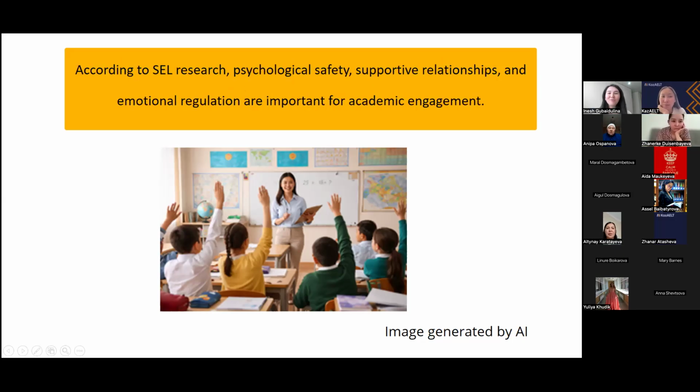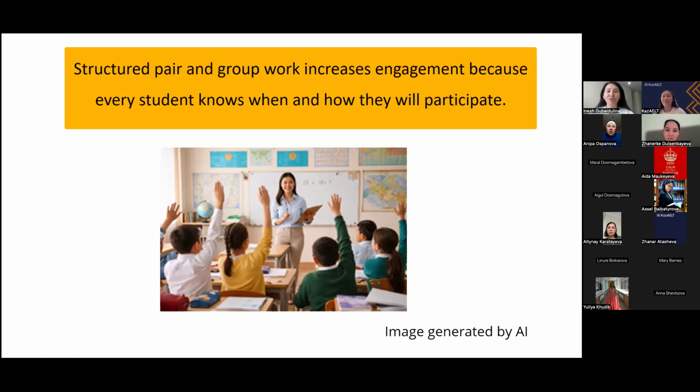According to SEL research, psychological safety, supportive relationships, and emotional regulation are important for academic engagement. Okay, good. It's true. We just saw it. Thank you. And structured pair and group work increases engagement because every student knows when and how they will participate.